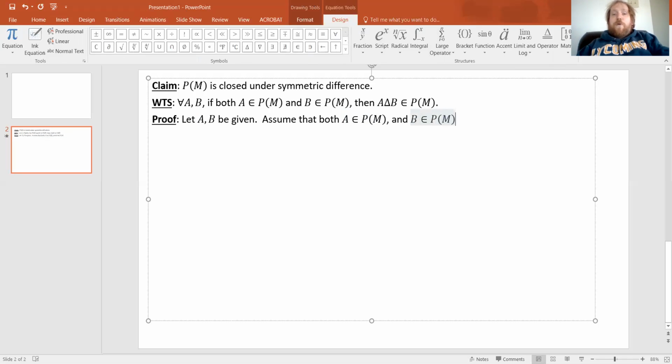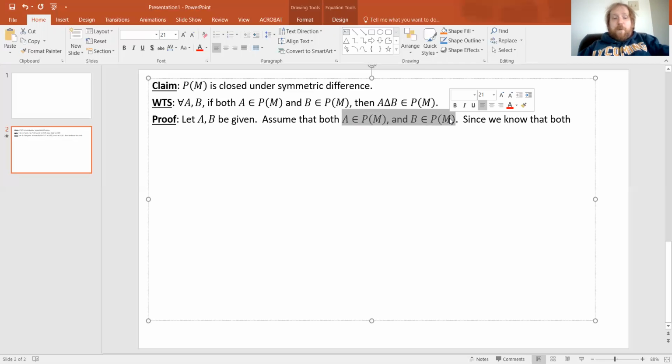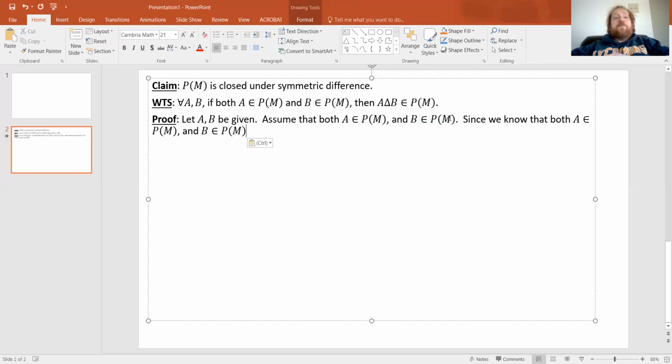Now, once we make our assumptions, we need to unwrap our assumptions. Since we know that both A is a member of P of M and B is a member of P of M, let's think about what that means.